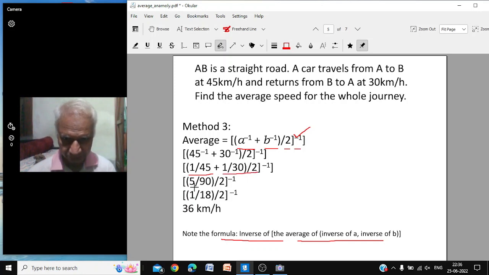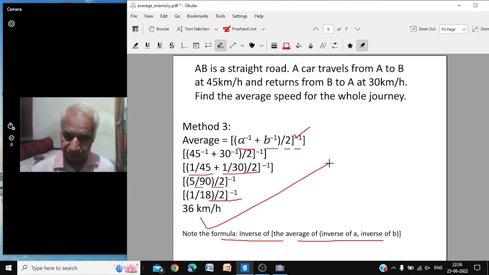When you add that, you get 5 by 90, and when you divide by 2, 5 by 90 cancels to 1 by 18, and 1 by 18 by 2 is 1 by 36. Its inverse is 36 km per hour.